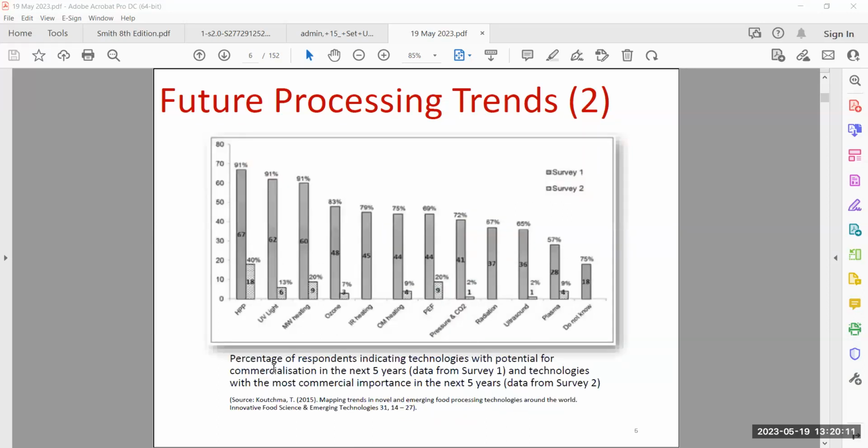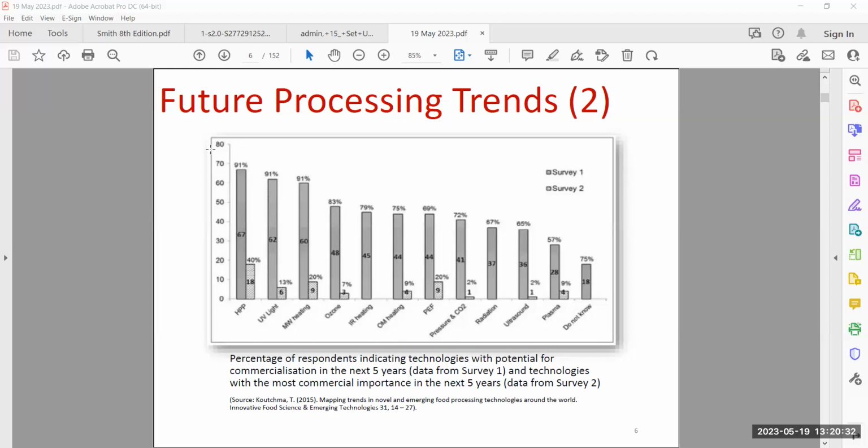If you look at the future processing trend, the percentage of respondents indicating technologies with potential for commercialization in the next 5 years. These are data taken from a survey done by Kuchma in 2015, and obviously we have moved to 2023, so we are fast ahead of this.